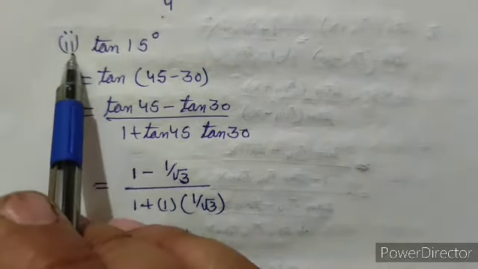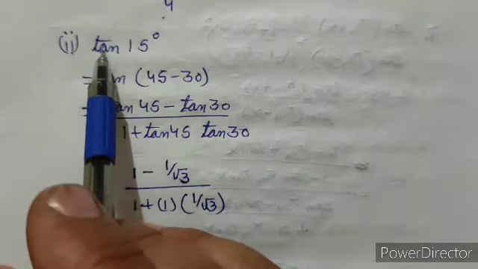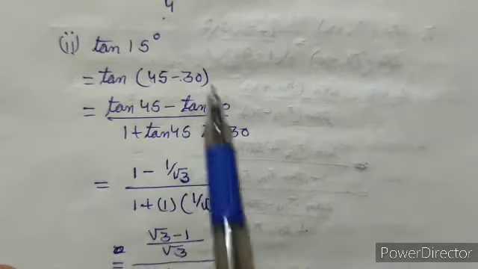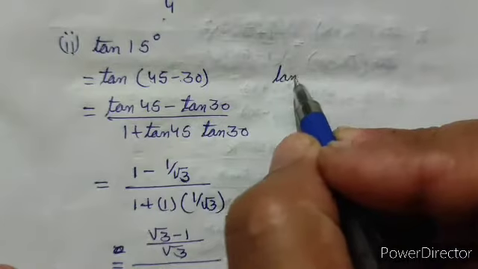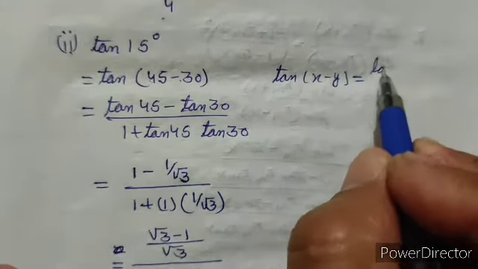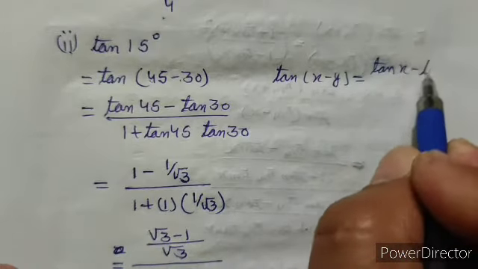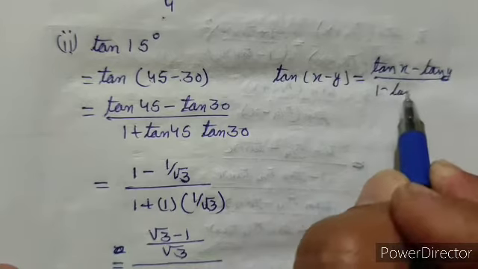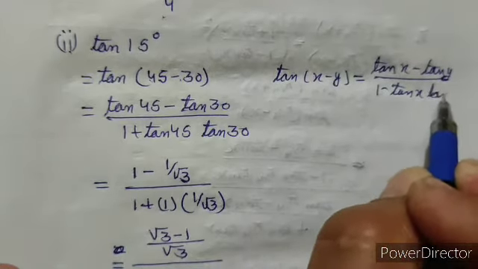Now in second part of question number 5, tan 15 can be written as tan 45 minus 30, as we know that tan x minus y is equal to tan x minus tan y upon 1 plus tan x tan y.